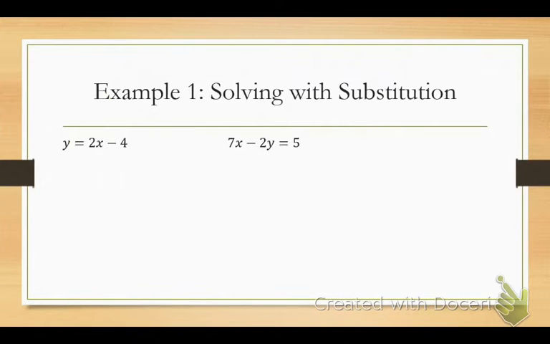All right, so in example 1, we have y equals 2x minus 4 and 7x minus 2y equals 5. What format is the first equation written in? Slope-intercept. What format is the second one written in? Standard form.